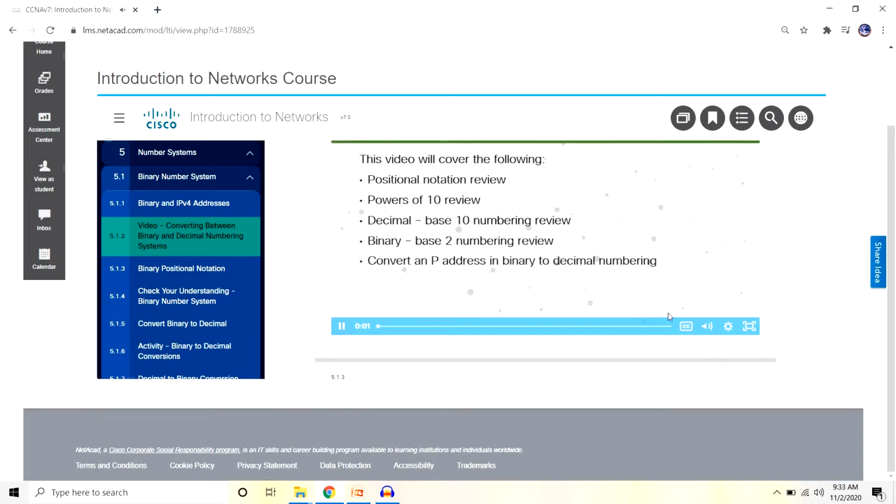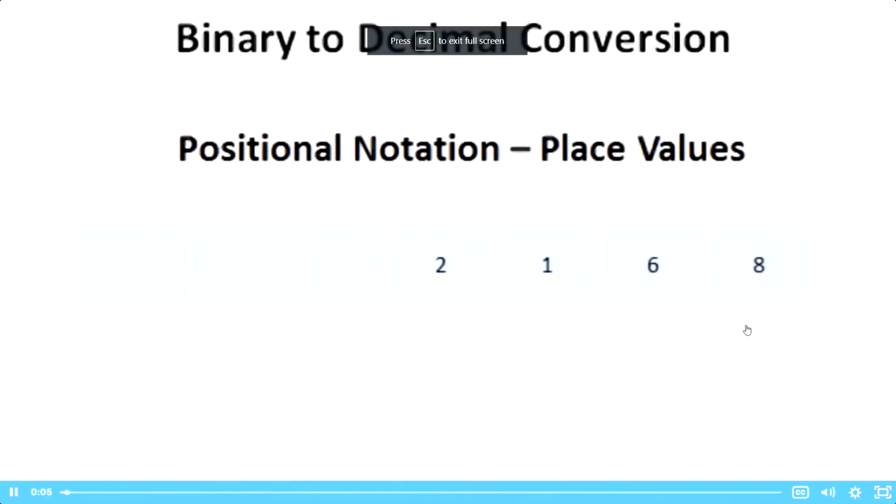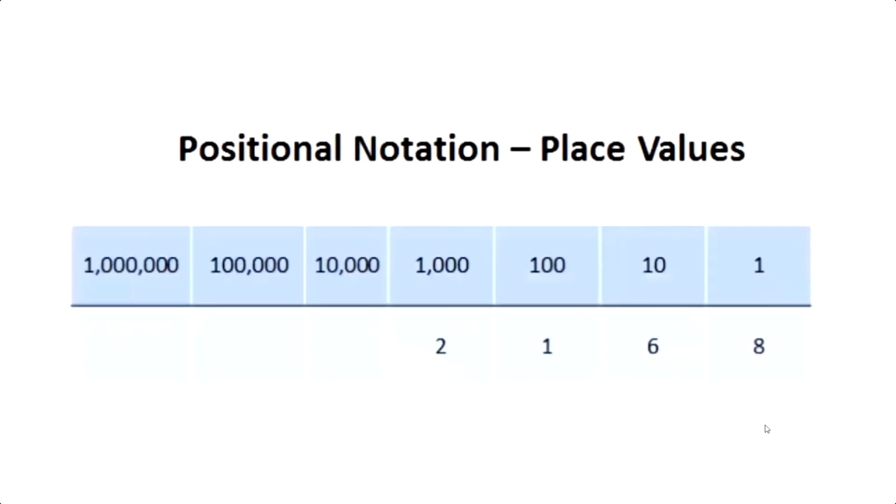In this video, I'm going to discuss binary to decimal conversion. But before I do this, I want to take a look at positional notation, or place values. I have the number 2,168 here. If we look at the place values of the number 2,168, we can see the ones place, the tens place, the hundreds place, the thousands place, 10,000, 100,000, and million.